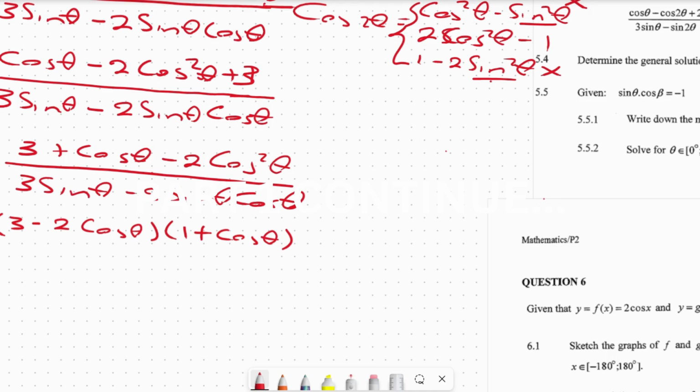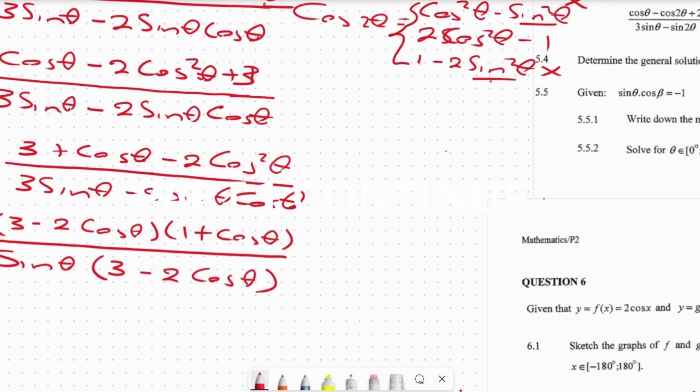And then let's look at the bottom. What are we having here? We notice there is a common factor of sine. So we can take the common factor of sine out. We're going to be left with 3 minus 2 cos theta. So that is what we're going to have.